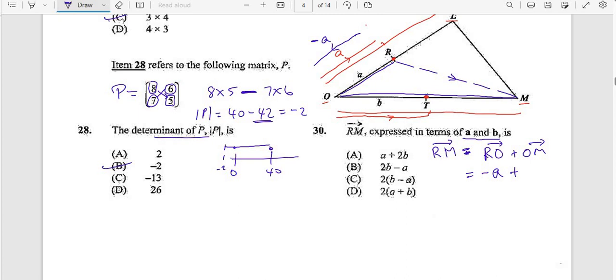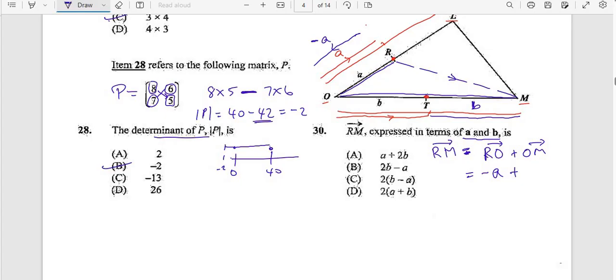Now, T is the midpoint, and going from O to T is B. So if you go the same distance, same direction, same length, if O to T is B, that means T to M is also B. Why is that? T to M is also B because they're the same size and same direction.